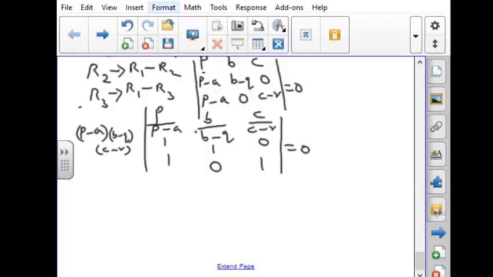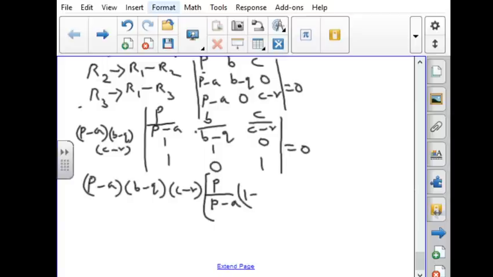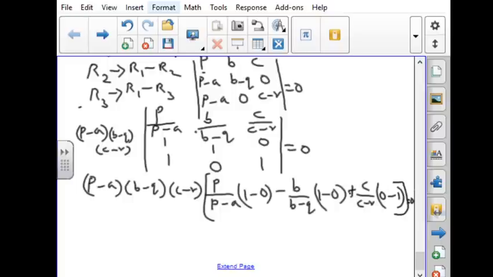Now we can expand this. This becomes P minus A into B minus Q into C minus R times the expansion of this determinant: P by P minus A into 1 minus 0, then minus B by B minus Q into 1 minus 0, then plus C by C minus R into 0 minus 1, and it is equal to 0.